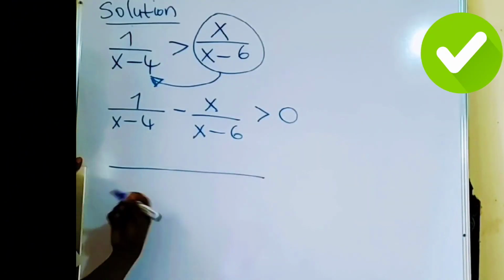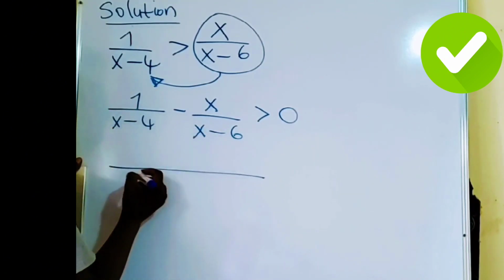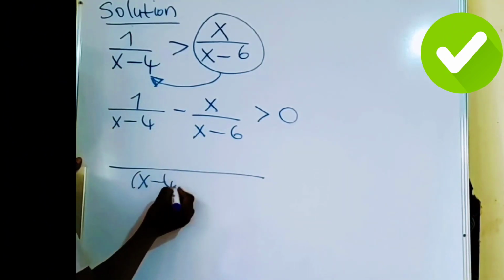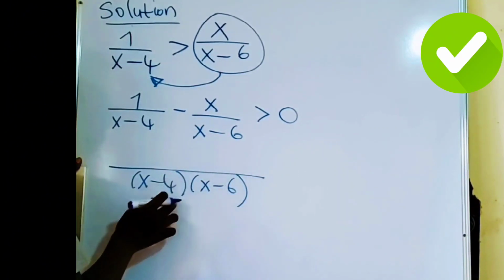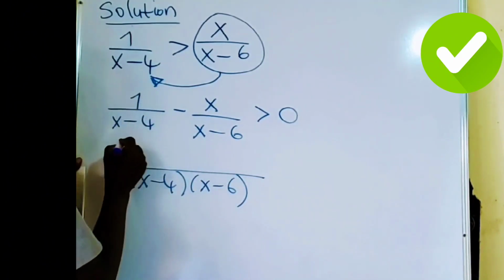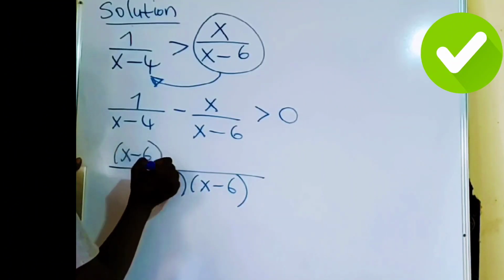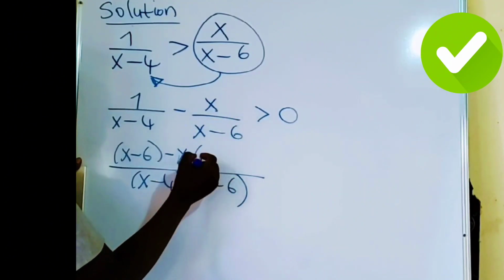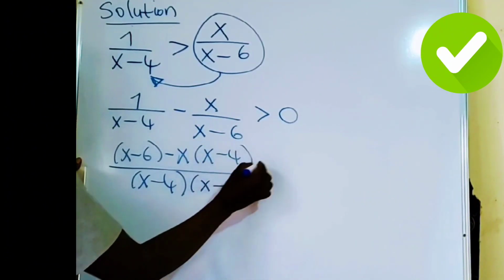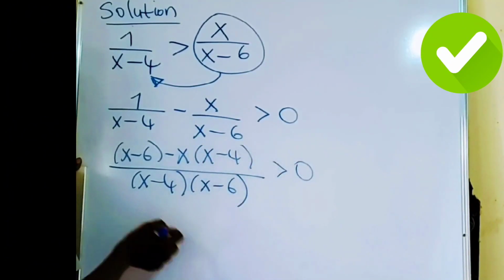What's the LCM? You simply multiply the two denominators. That will give us x minus 4 into x minus 6. This divided by this times that will give us x minus 6 minus x into this divided by this times that, x minus 4 greater than 0.